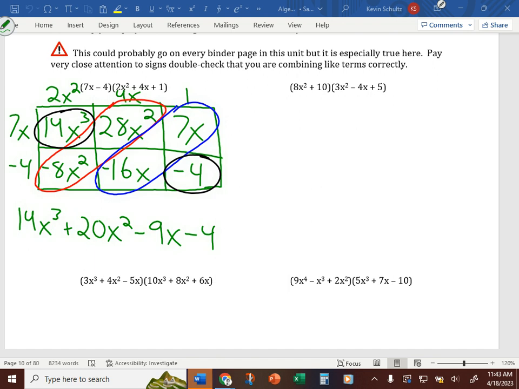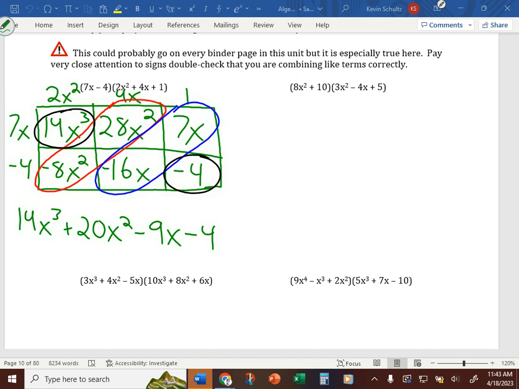Okay? Where kids tend to get tripped up with this, because unfortunately it's a lot of calculations here. If you make a mistake in one of the boxes, it's going to mess everything else up as far as what you can combine and can't. So watch out for this. Something like 7x times 4x, they just put 28x. They forget that x times x is where we get that x squared there.